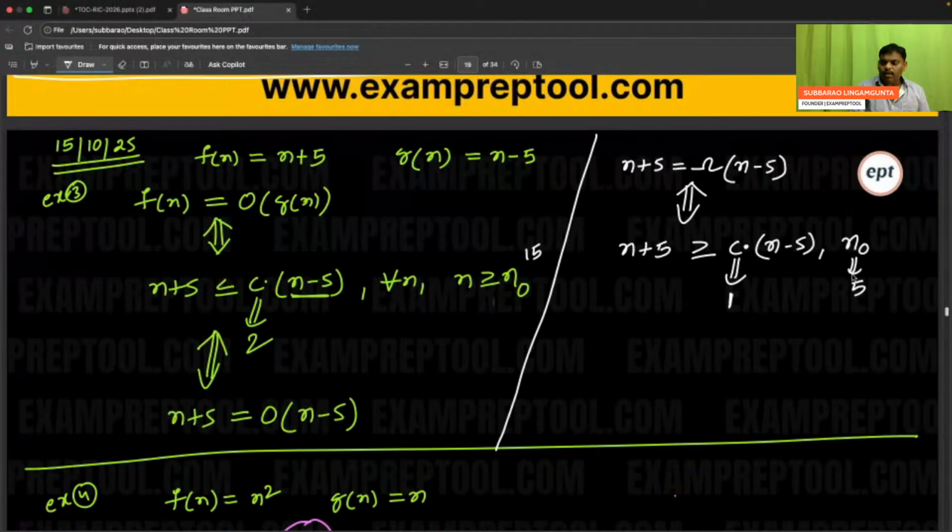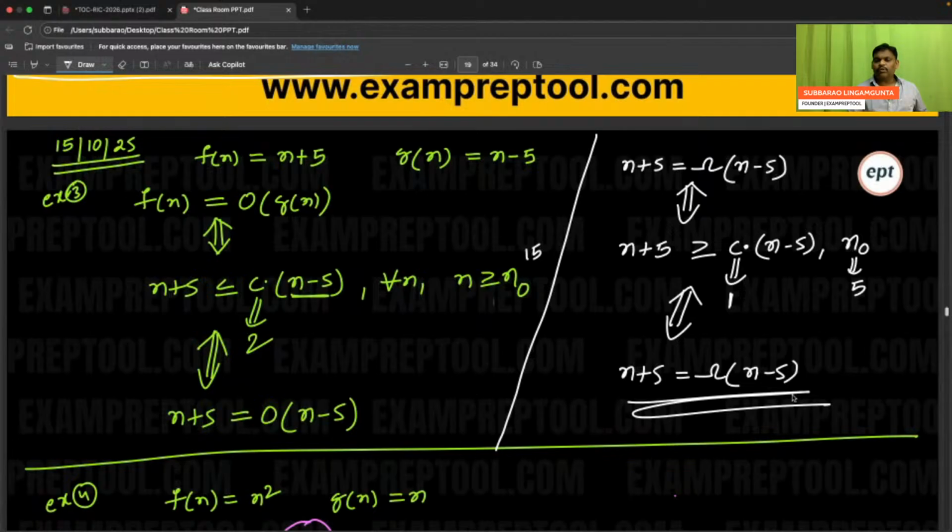So from 5 onwards, left will be bigger or equal comparing with right. So because you are able to fulfill the definition successfully, then I can say f of n, n plus 5, is omega of n minus 5. Omega means left bigger.